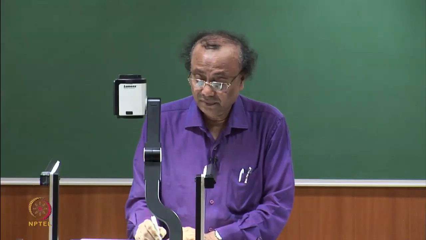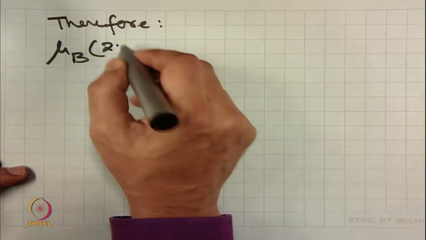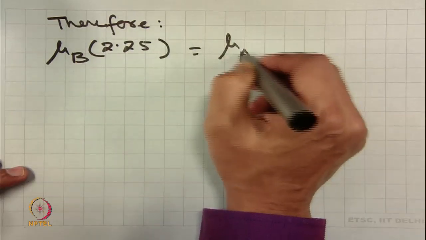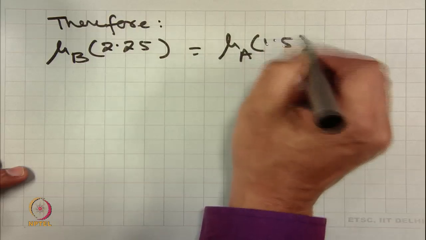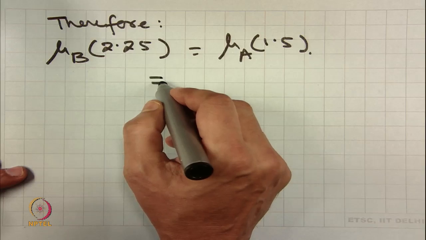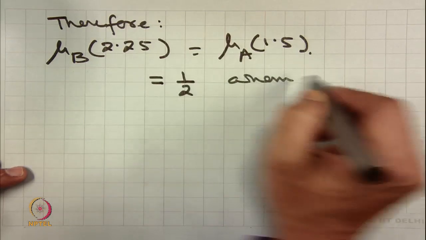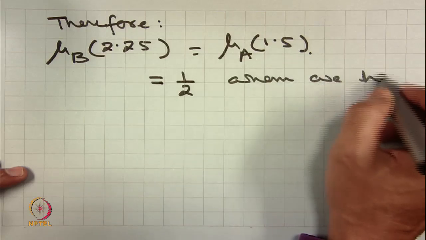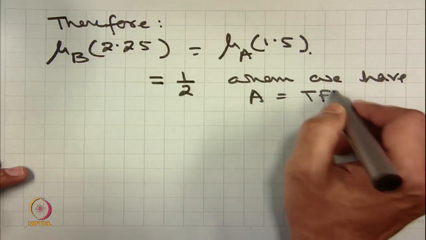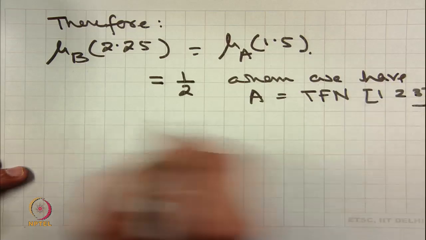Therefore, mu b of 2.25 is equal to mu a of 1.5, which is equal to half when we have A equal to TFN 1, 2, 3.